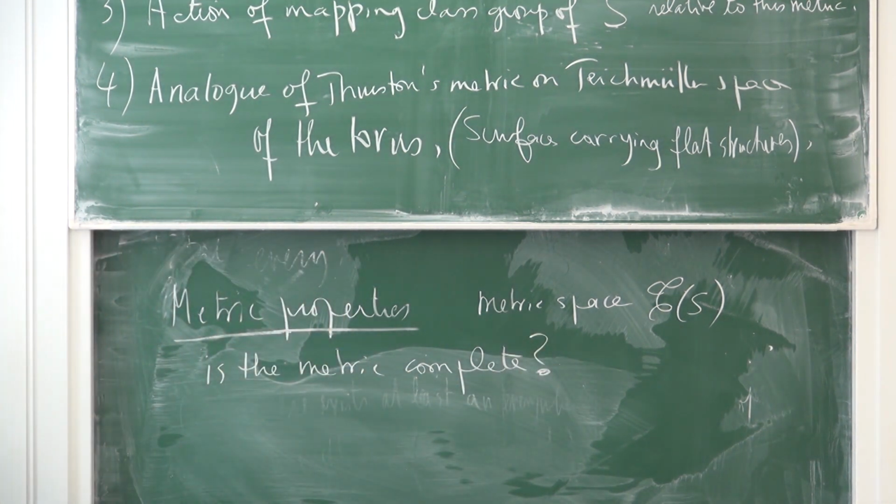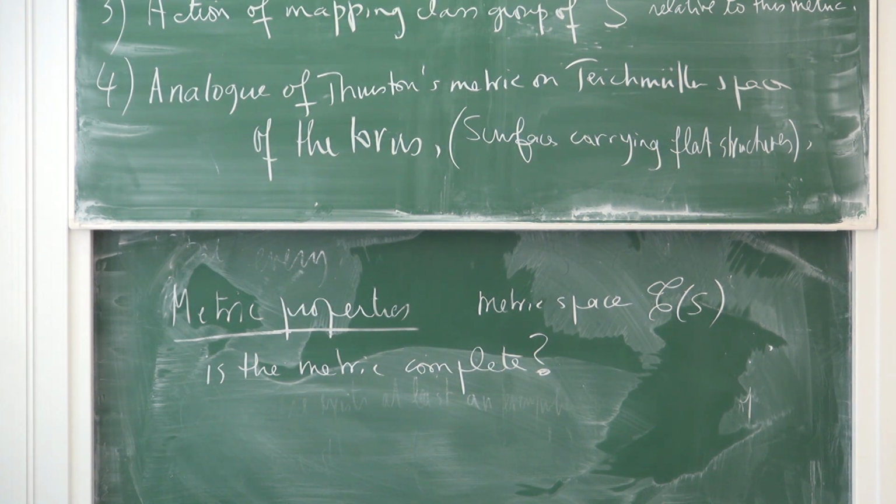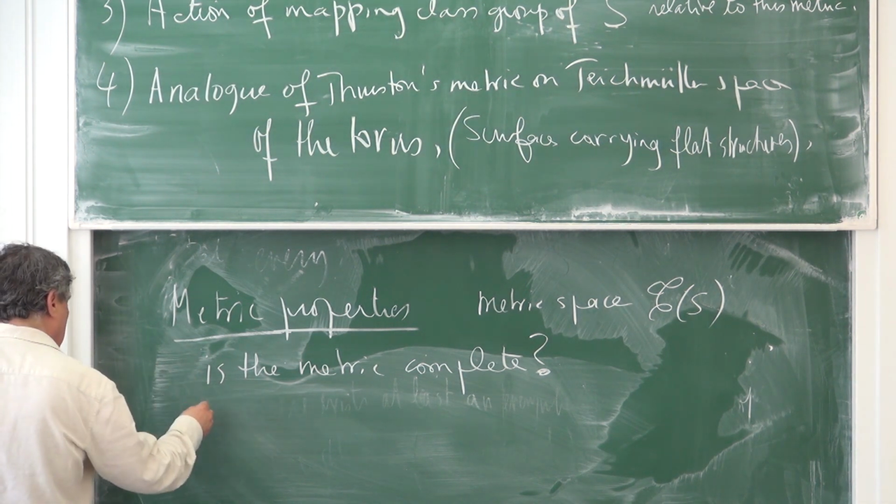There are more classical metrics on Teichmüller space. One is the Teichmüller metric, which we know is complete. There is the Weil-Petersson metric. We had lectures on this at the seminar. The Weil-Petersson metric, we know it is not complete. So what about this metric here? Is this metric complete?